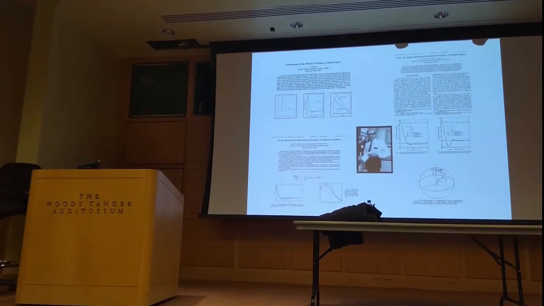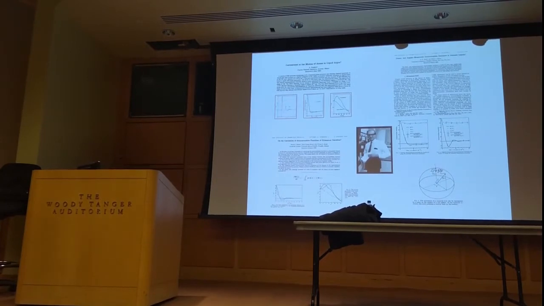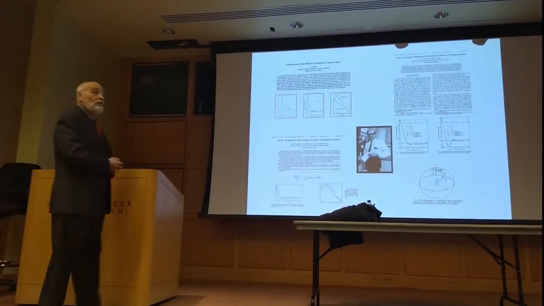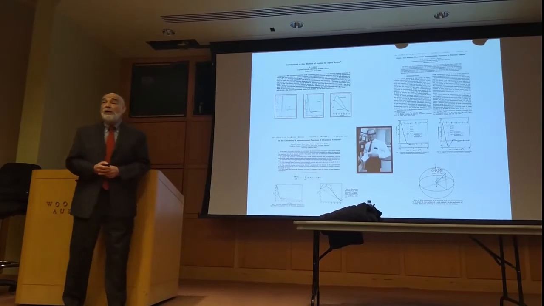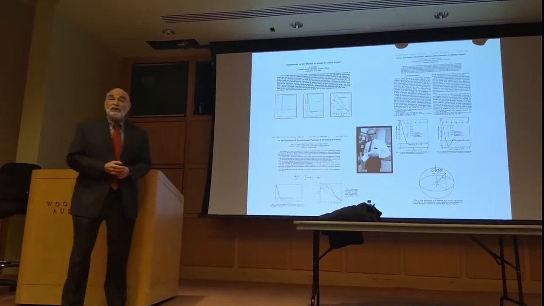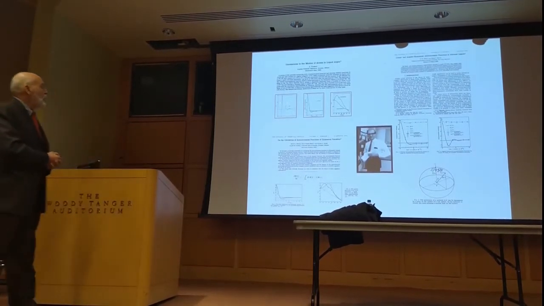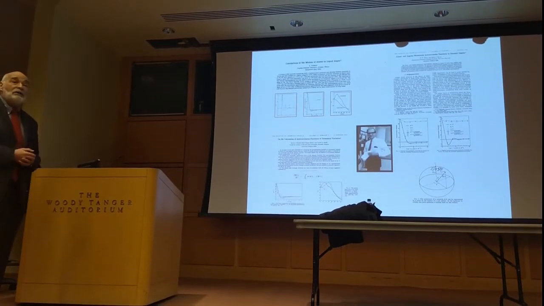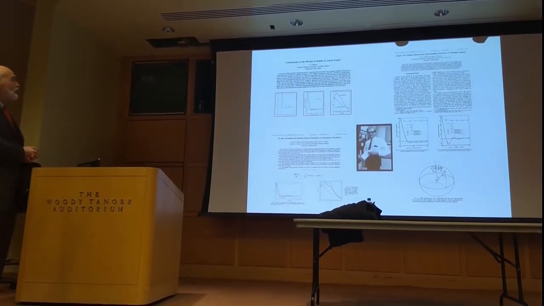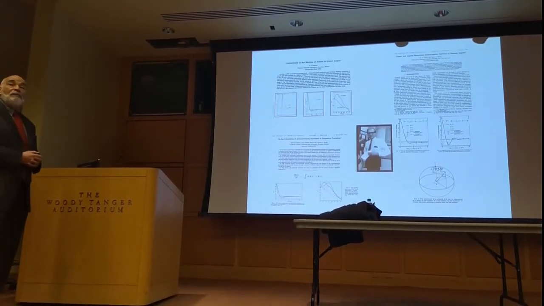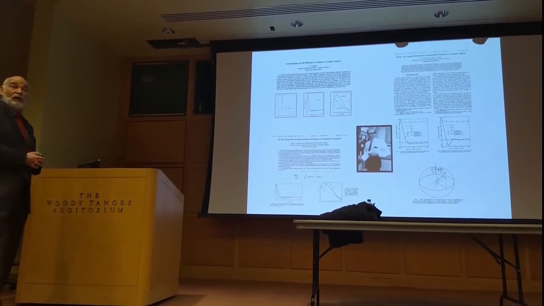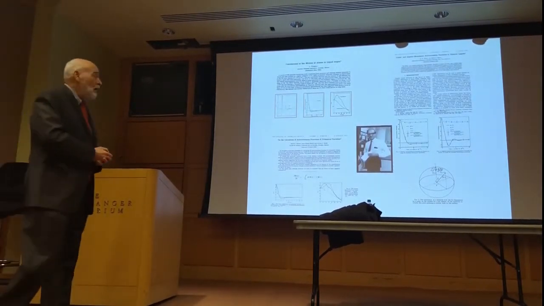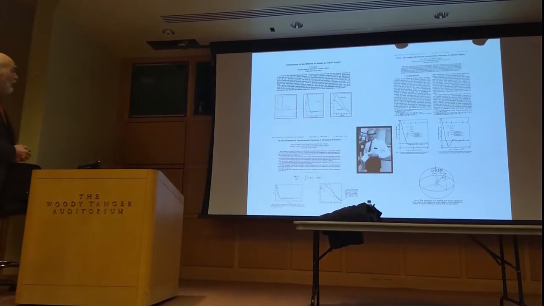He looked at spherical particles that interacted according to a Lennard-Jones 12-6 potential, and he put them in a periodic box and solved Newton's equations of motion, or Hamilton's equations of motion, numerically.